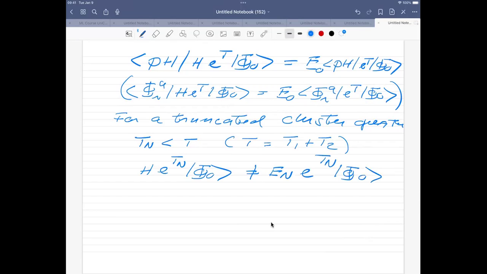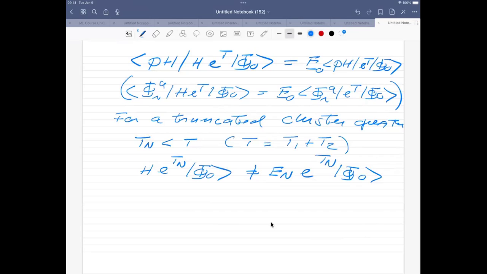It means that for a truncated cluster operator, the full Schrödinger equation is not satisfied. It means that the states which we get will also be non-variational, which is something we will see a little bit later, which also means that the energy, when we are performing this type of iterations, can converge from below or from above the exact value.